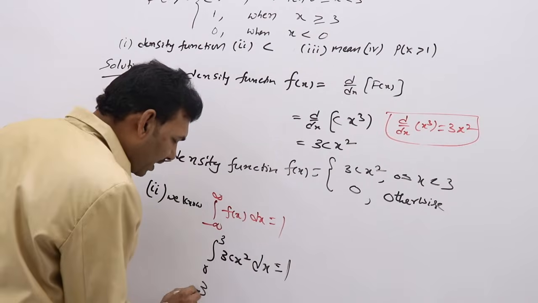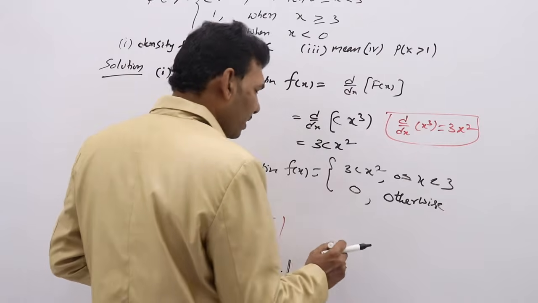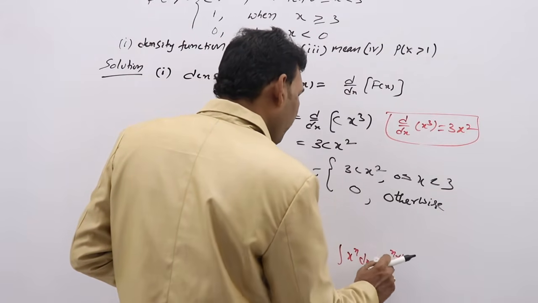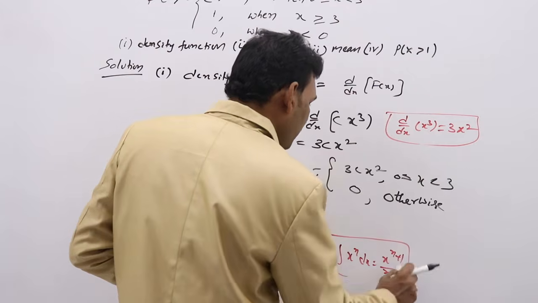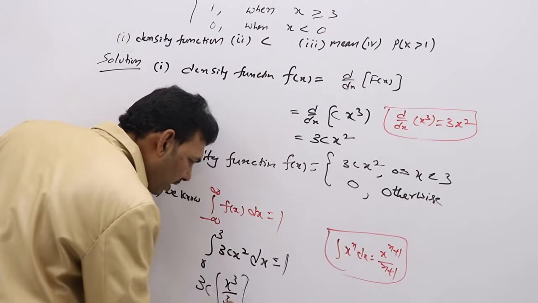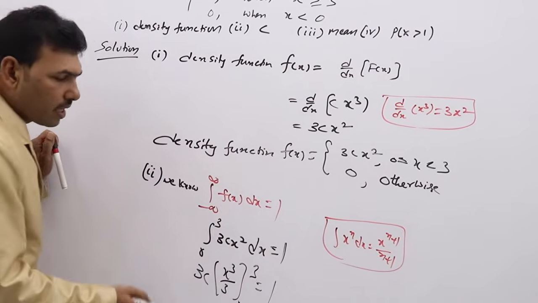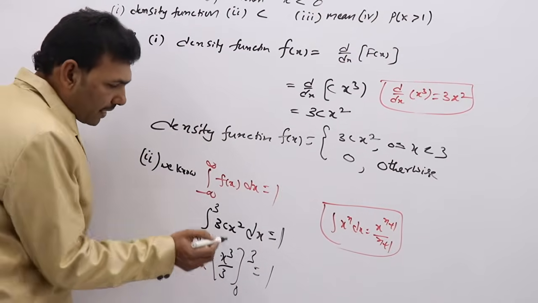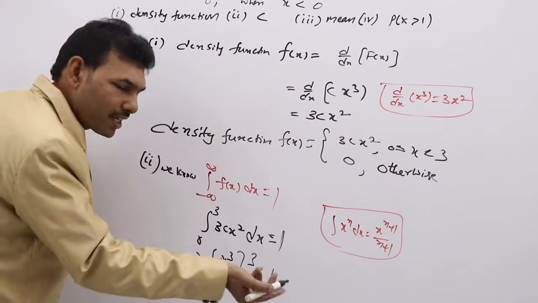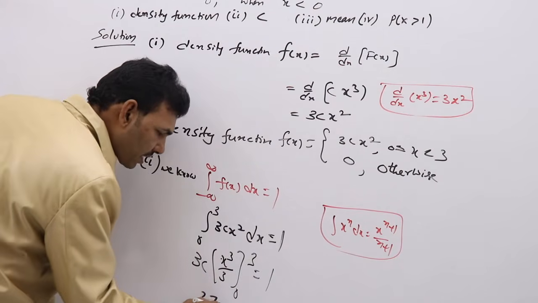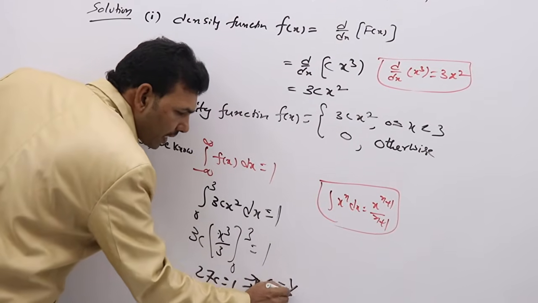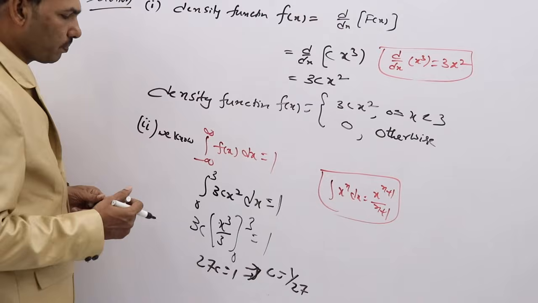Now 3c is constant; the integral of x square uses the formula x power n plus 1 by n plus 1, so it is x cube by 3 with limits from 0 to 3. Here the 3s get cancelled. If you write 3 cube in the place of x cube, 3 threes are 9, 9 threes are 27. So 27c is 1. So the C value will be 1 by 27.